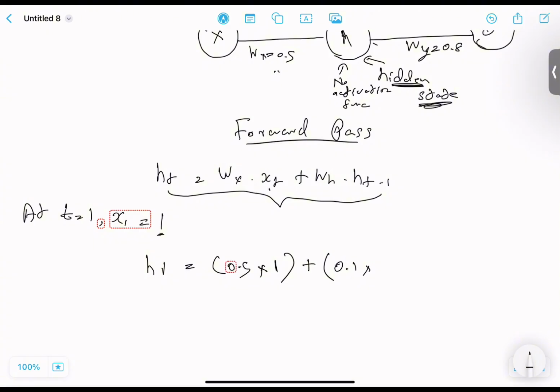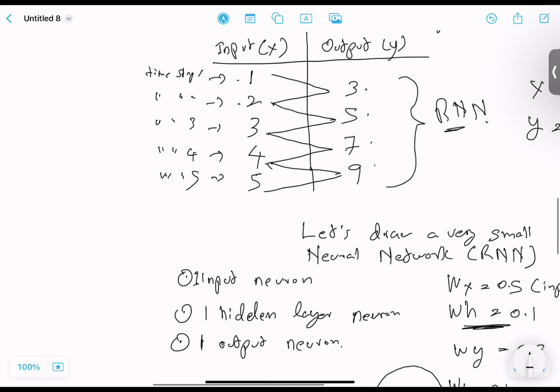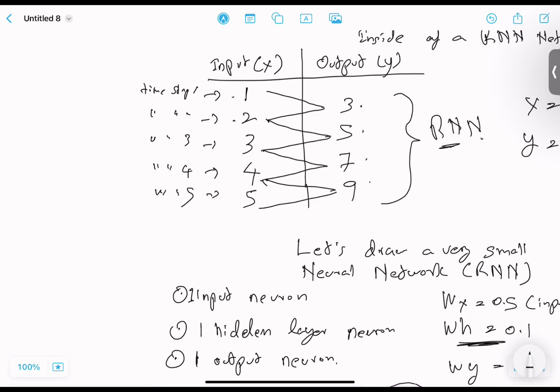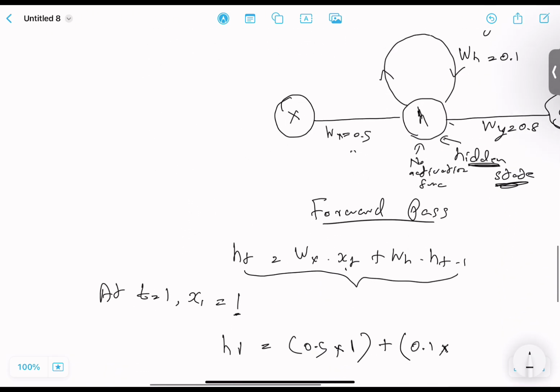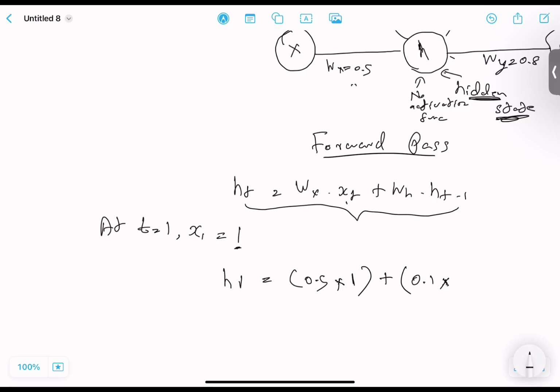And it will be multiplied by the previous hidden state. Since at input 1 there is no output here, that means the previous hidden state is 0, so we put 0.